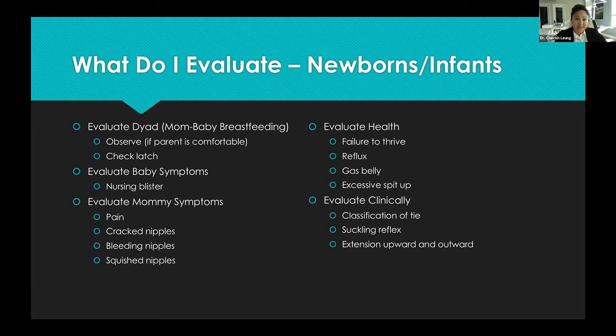You'll see a gas belly, which I'll show you a picture of shortly, but that's basically when they're swallowing so much air when they're feeding that they have all of this air in their belly, and it really expands and it looks all full and really uncomfortable for the kiddo. That often causes a lot of colic or crying because it's so uncomfortable to have that much gas. You can also see excessive spit up, and I mean excessive.